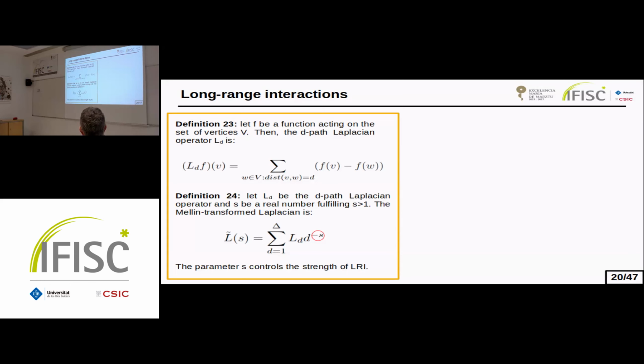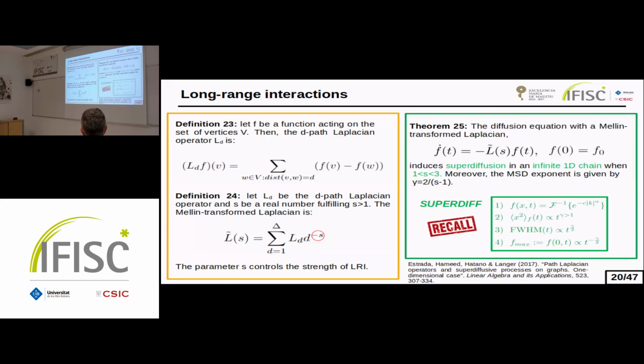Now, however, the penalization factor is a power law with exponent S. So S controls the strength of the long-range jumps. And in particular, when S tends to infinity, this effective Laplacian, the so-called Mellin transformed Laplacian, converges to the standard Laplacian.